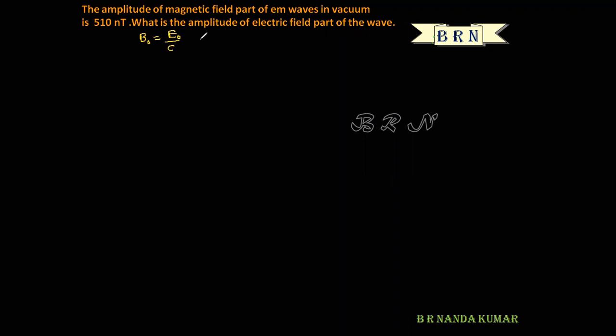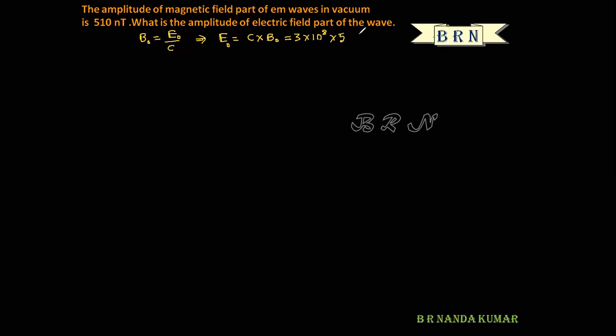Here we have to find the amplitude of the electric field, which is equal to the speed of light times the amplitude of the magnetic field. The speed of light is 3 × 10^8 and the amplitude of the magnetic field is 510 nanotesla, that is 510 × 10^-9.